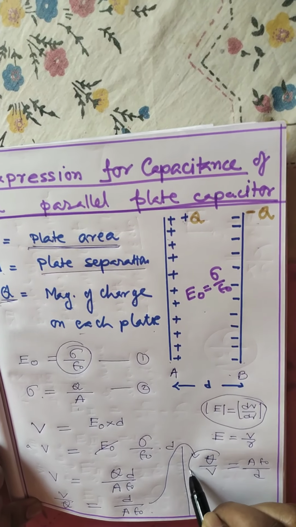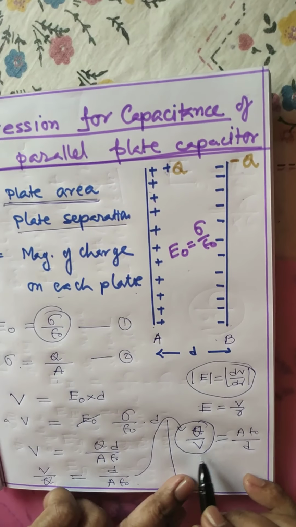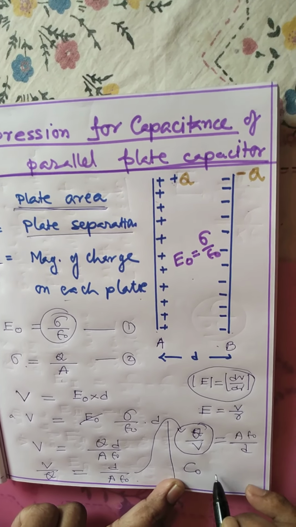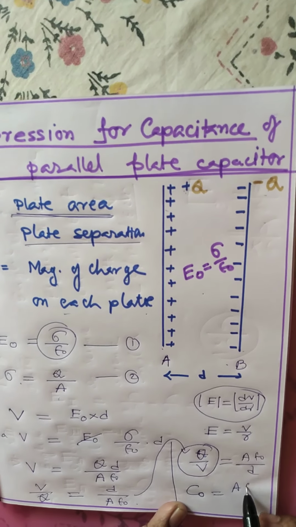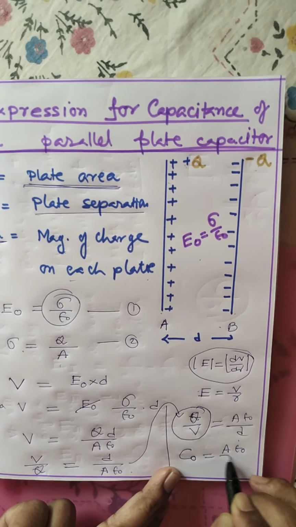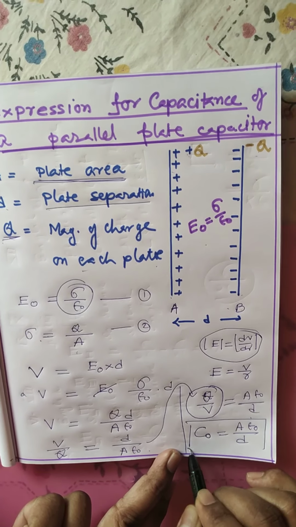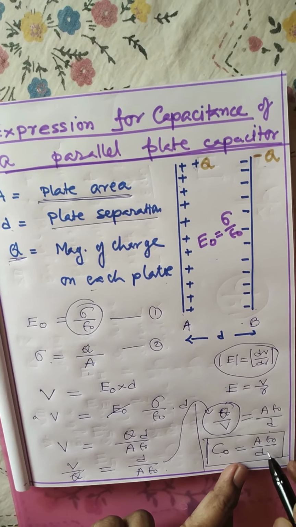Now I hope you remember what Q by V is. This is the ratio of charge to potential difference. This is the capacitance of the capacitor with no medium between the plates, equal to A epsilon naught by d. Okay, this is the expression for capacitance of a capacitor having no medium between the plates.